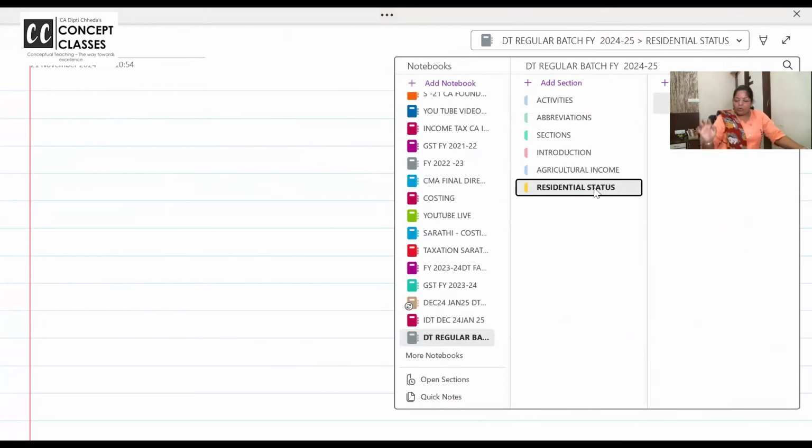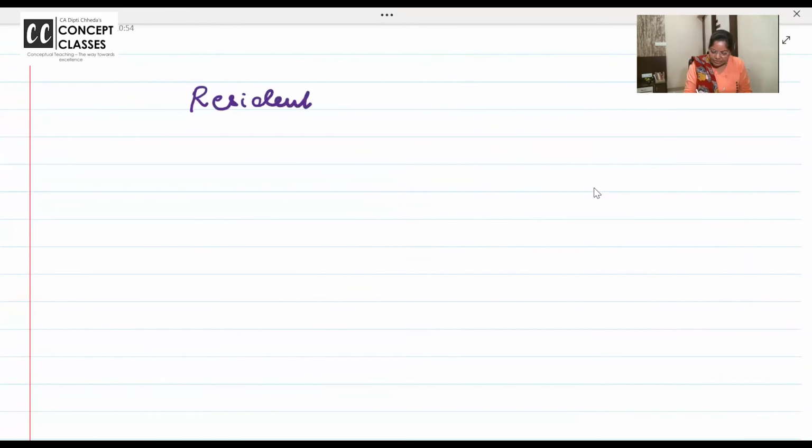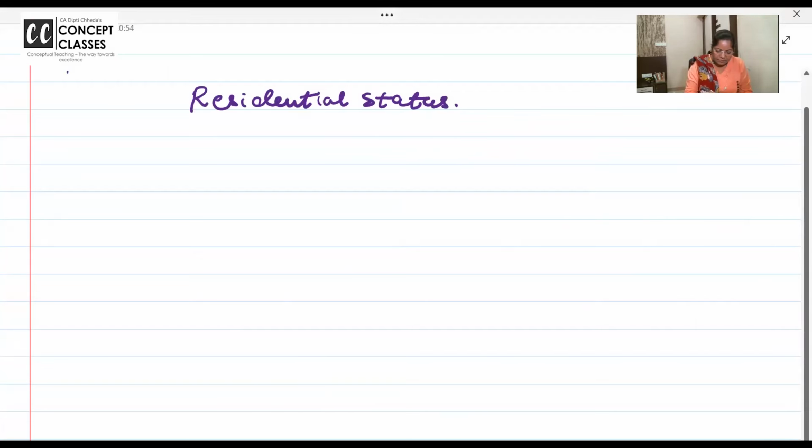Chalo. Open your notebooks and write the details about residential status. Heading: Residential status. We will decide residential status for which year? Can anyone say? Immediately preceding financial year.